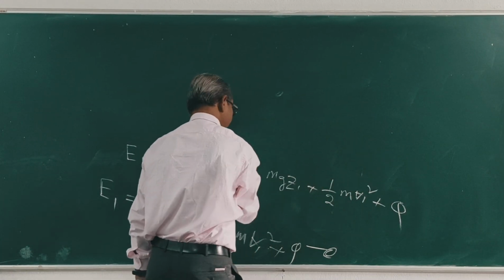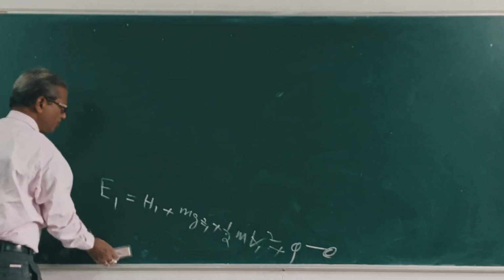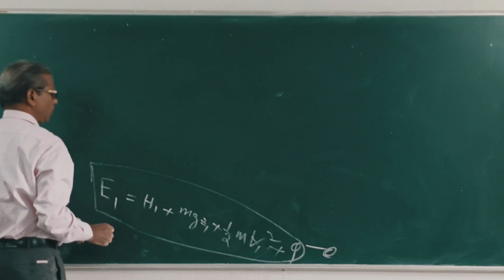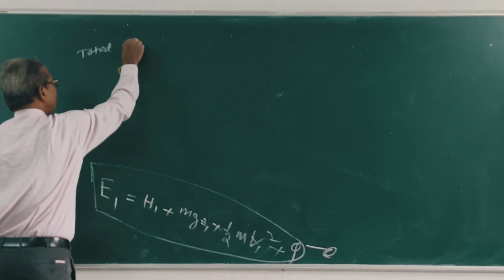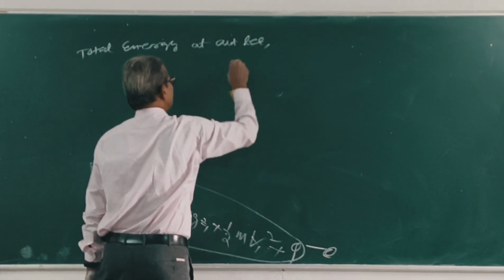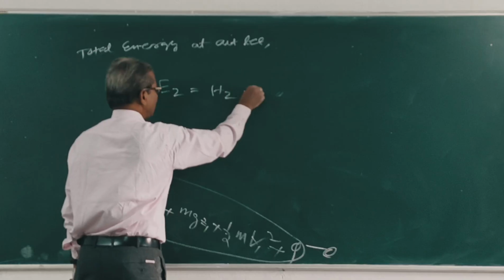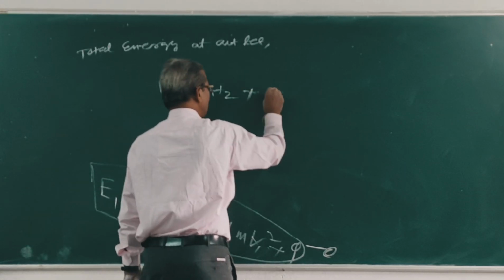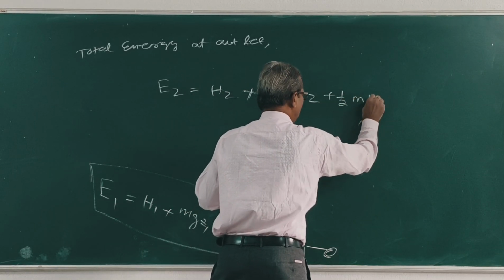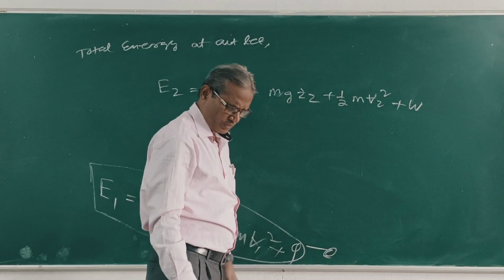Similarly, total energy at outlet. E2 is equal to H2 plus mg Z2 plus half m v2 square plus W, clear?